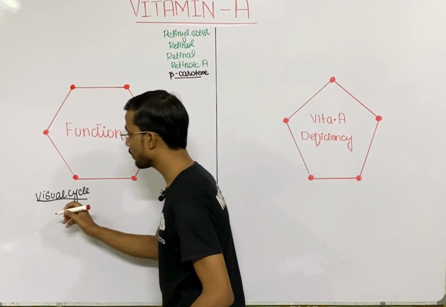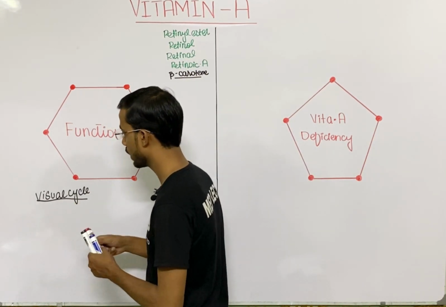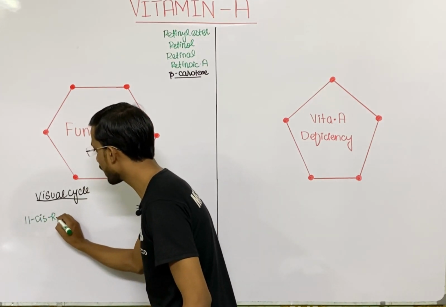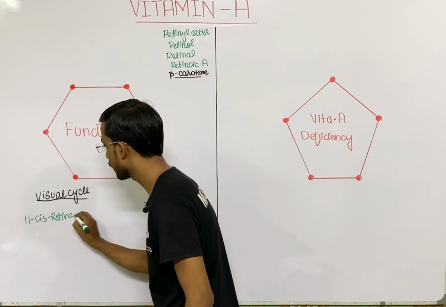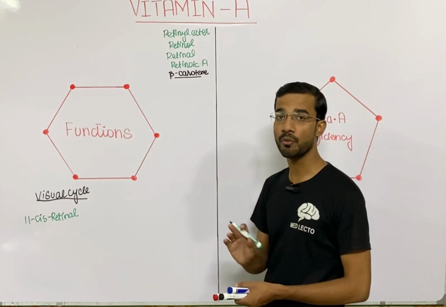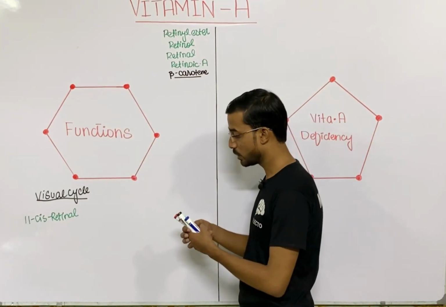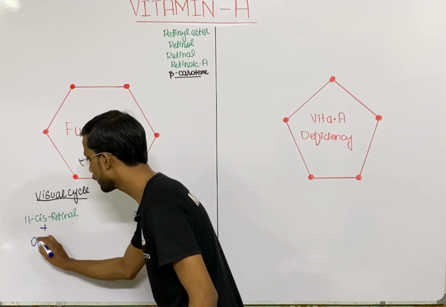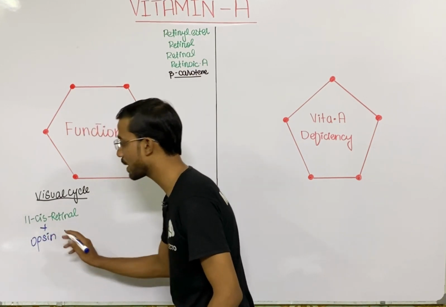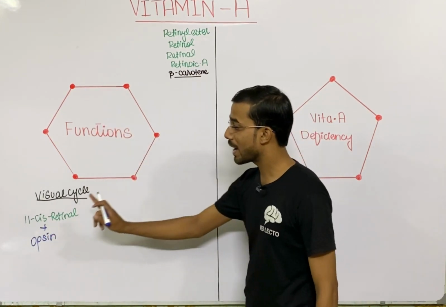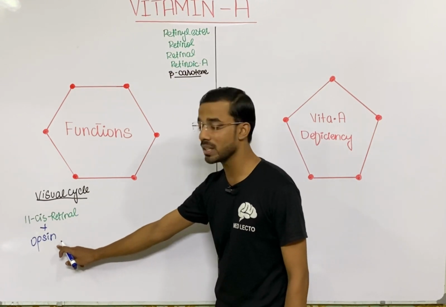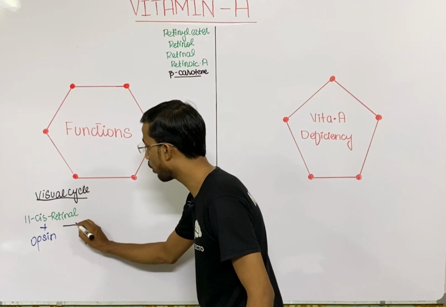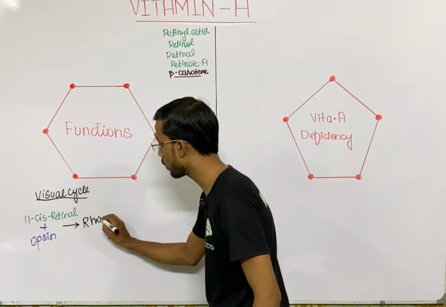Actually, 11-cis retinal, that is the aldehyde form, will combine with opsin, the protein present in our eye. 11-cis retinal combines with opsin, and ultimately you will see the formation of the molecule rhodopsin.